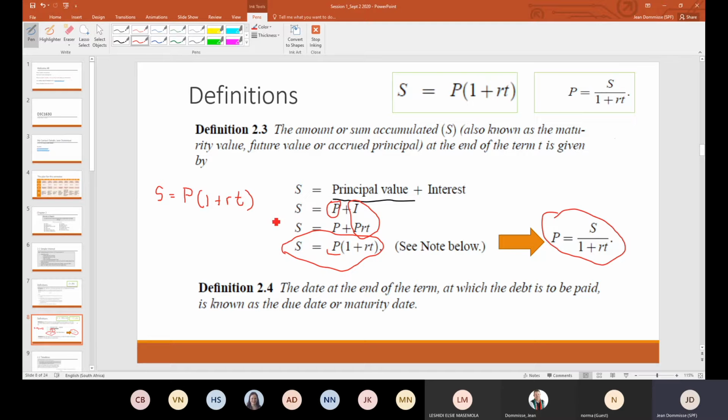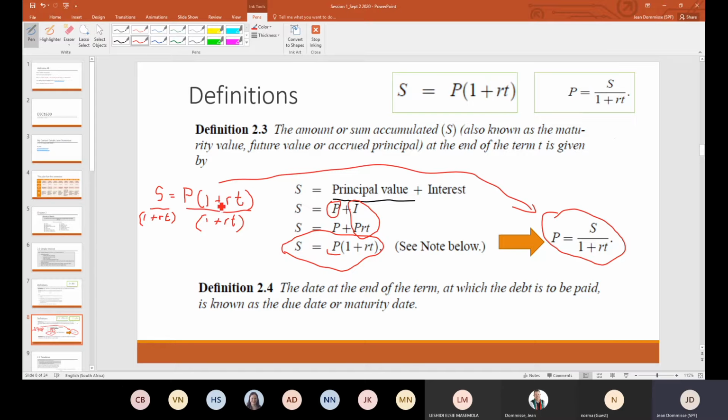So if they ask us to write it in that format, from maths, I would divide on both sides by 1 plus RT, because I am allowed to do that.